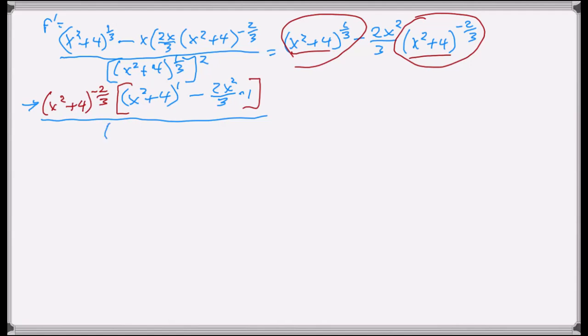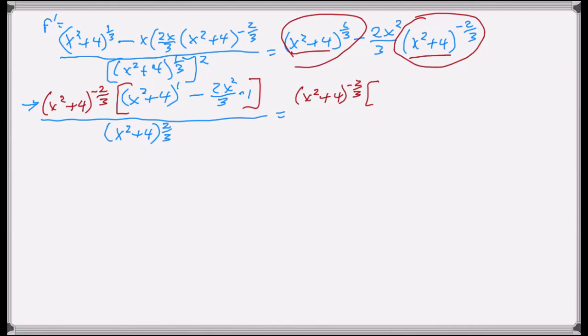So I've got x squared plus 4 to the 2/3 power equals x squared plus 4 to the negative 2/3 times, what have we got on the inside here?